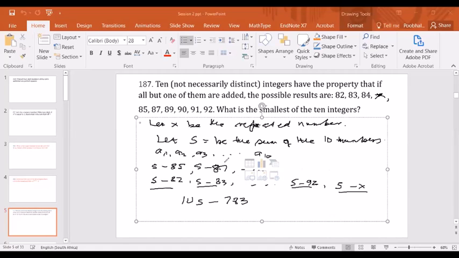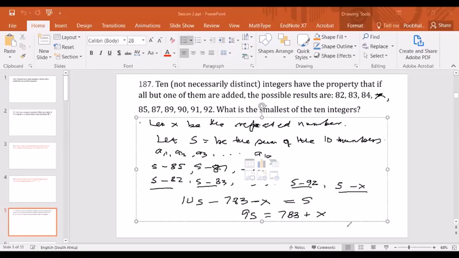When you add up all these, you get 10S minus 783 minus X. But the sum of all these numbers is equal to S. So now you can make S the subject, and you have 10S minus S is 9S, and there is 783 plus X.